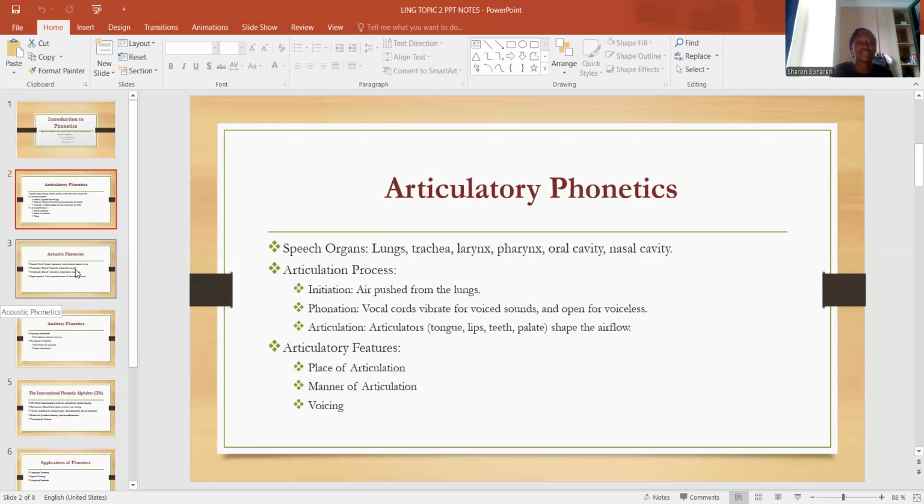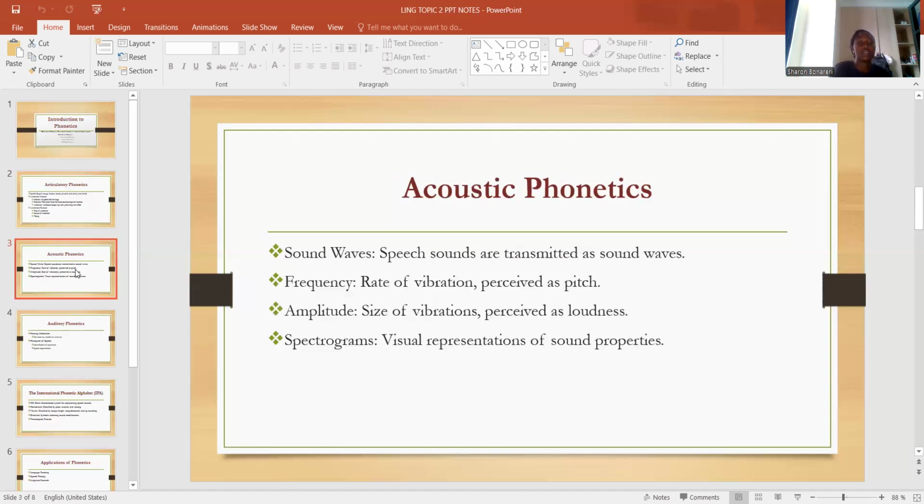We just rush to the next subfield, which is acoustic phonetics. Here we'll look at sound waves, frequency, amplitude, and spectrograms. What are sound waves? What is frequency? What is amplitude? What are spectrograms? With sound waves, we look at how speech sounds are transmitted in the form of a sound wave.